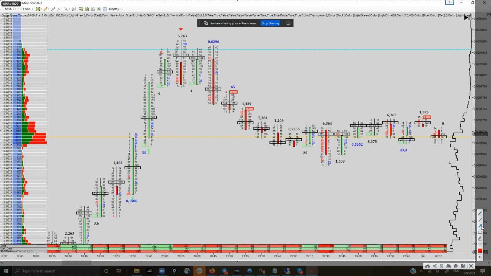First, we saw buyers got trapped, more than 100 contracts. Buyers tried to push the market up, but the candle closed bearish, so buyers were trapped. Then I saw the point of control, the POC, for this candle is above the closing price.